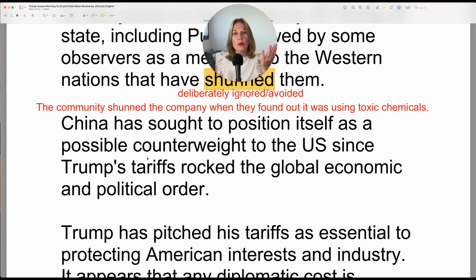So I'm doing this to show what counterweight is. If something is really heavy, well, then you want to put a counterweight on to make it even again. Now that's in a physical sense. Obviously, they're not talking about putting some rocks on to make it even. Maybe they're talking about policies, beliefs, actions that act as a counterweight to the US since Trump's tariffs rocked the global economic and political order.